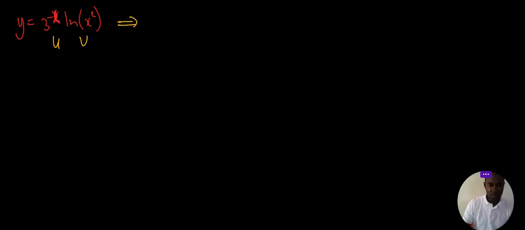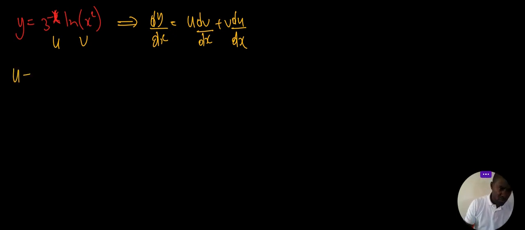So therefore, dy by dx is equal to u dv by dx plus v du by dx. Now, basically, we see that u would be equal to 3 to the minus x. Now, how exactly do we differentiate something like this? To differentiate something like this, which is basically an exponential function, we first take logs.